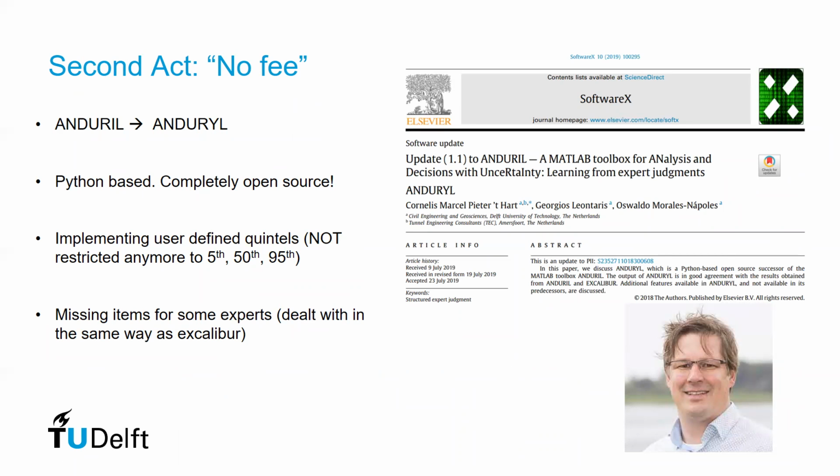Okay, so second act, no fee. Of course, the obvious disadvantage of Anduril was that MATLAB is still very expensive, right? So we immediately wanted to ship Anduril into something that would be completely free. And in civil engineering, most people work with Python, and the number of Python-based users is growing a lot.